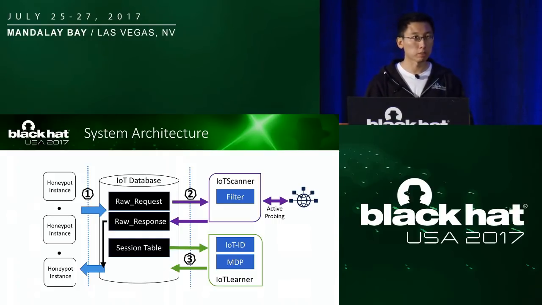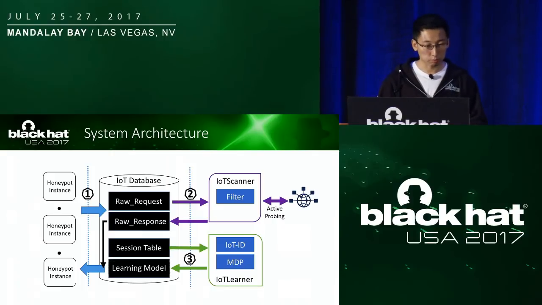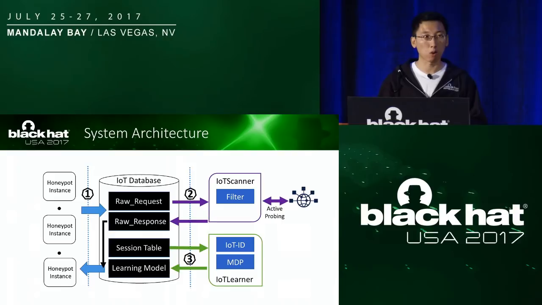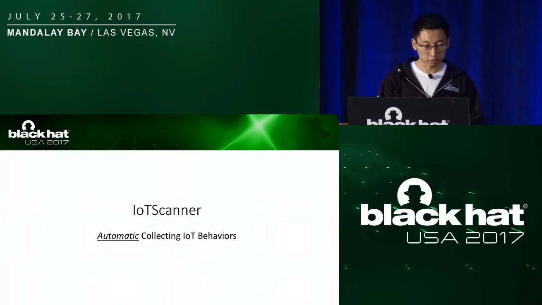This assignment can guarantee us the best chance to capture the real malicious traffic. And basically, that is the overview of how our system works. Then I will explain the first module, the IoT scanner, and Zhaoyan will explain the second module, IoT Learner.